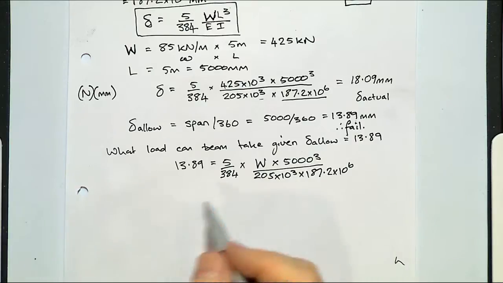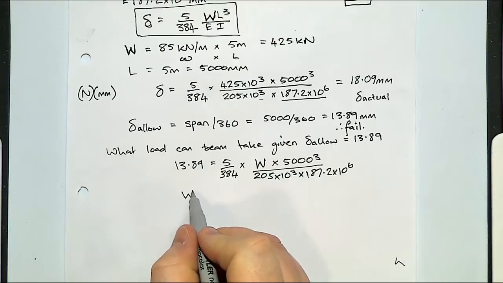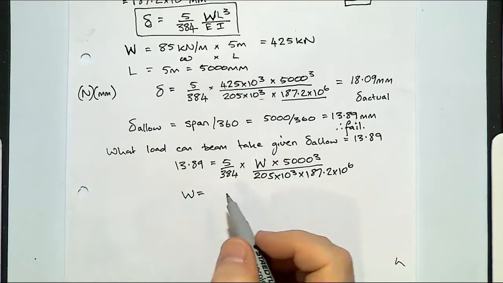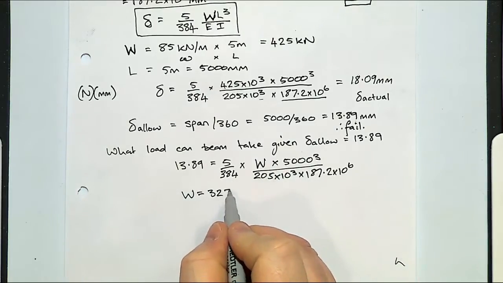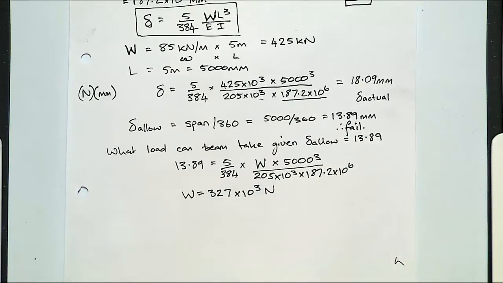You could either rearrange that or just multiply everything out, and you'd find that your W is 327 times 10 to the 3 newtons. So that's the maximum load that it could take. But quite often you'll start with your load and try and work out what sort of beam you need to support that load. You can't really adjust your load.